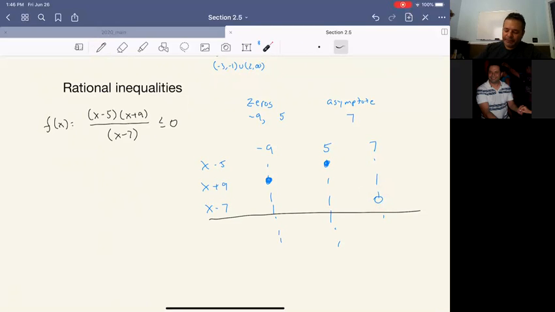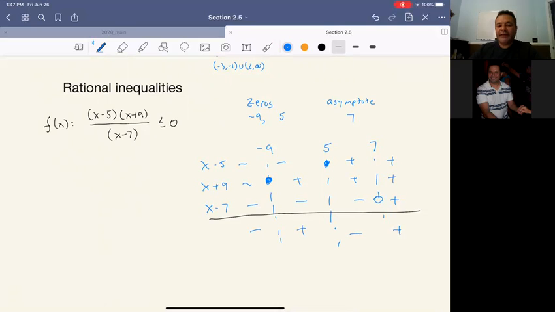Okay? Again, all of these slope up. So negative, negative, positive, positive, negative, positive, positive, positive, negative, negative, negative, positive. So 3 negatives is, of course, negative. 2 negatives is positive. Negative, positive.